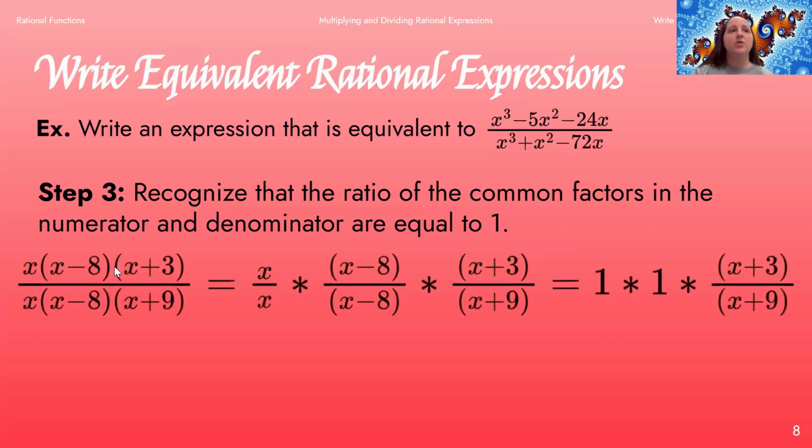So they both have an x minus 8 in common in the numerator and denominator, and they both have an x in common in the numerator and denominator. So I'm left with x plus 3 over x plus 9. So that's the expression that's equivalent to x cubed minus 5x squared minus 24x divided by x cubed plus x squared minus 72x.